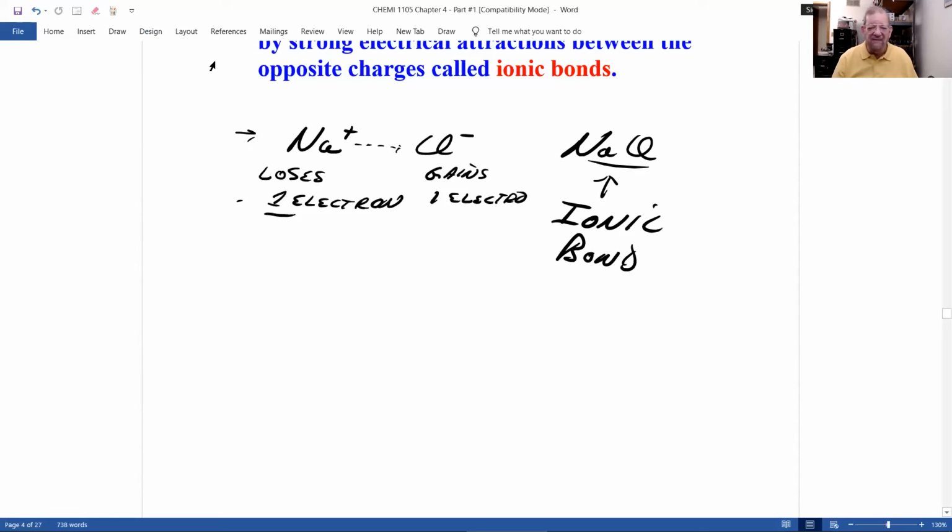And think about it. The next time you're out with friends, neighbors, or loved ones, and you see someone putting salt on their French fries, you can say, do you know that sodium +1 cations and chloride -1 anions held together in an ionic bond are what you're putting on your French fries?